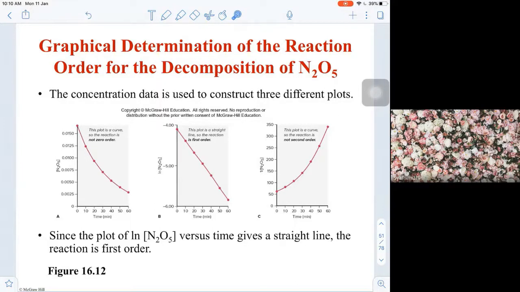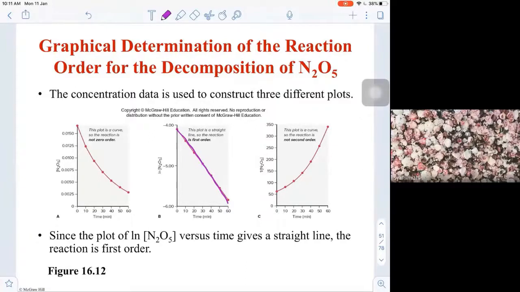And then look at the last graph, graph B. It is a graph from the ln data, ln concentration versus time. From the ln data graph, we observe that we got a linear graph with a negative gradient. Your graph is like this, a negative gradient.